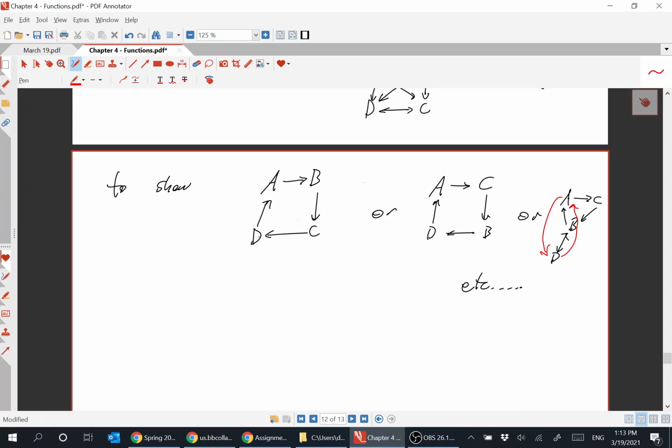So as long as you have this sort of connected arrow diagram, that's all the proof you need, because hypothetical syllogism does all the rest for you.